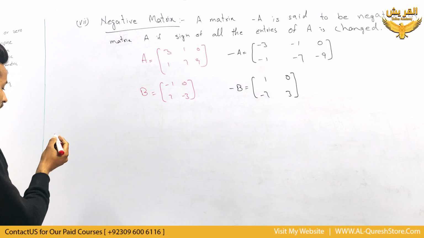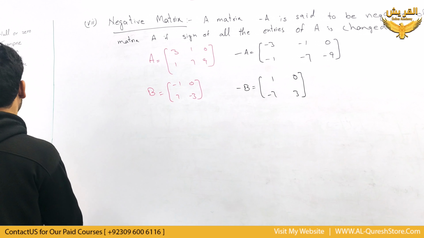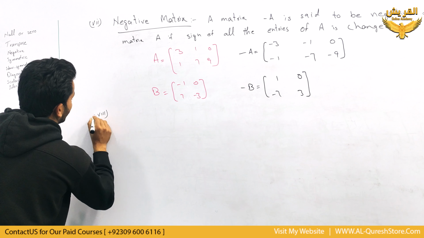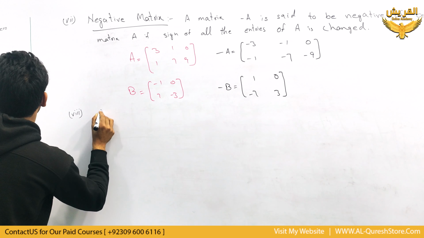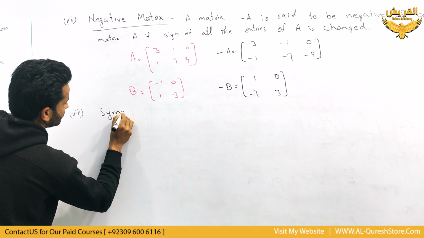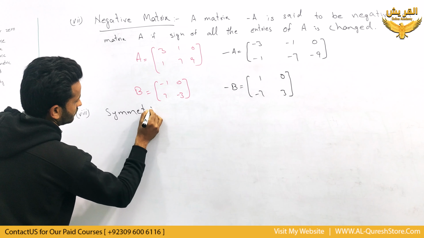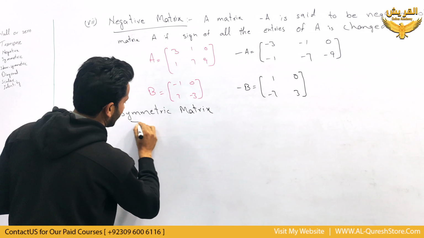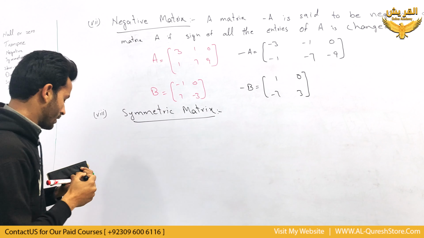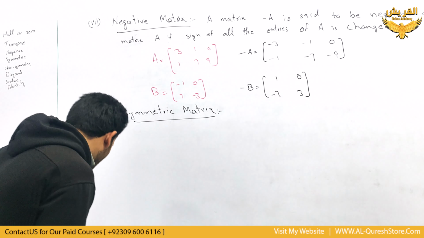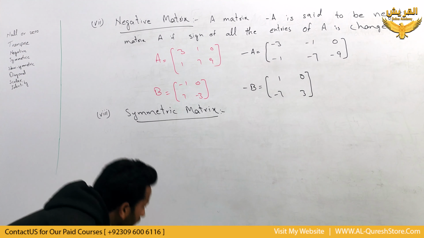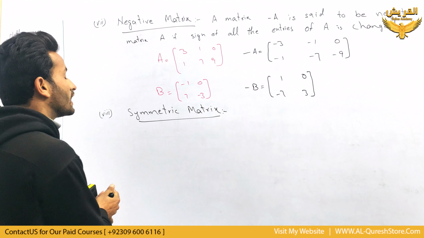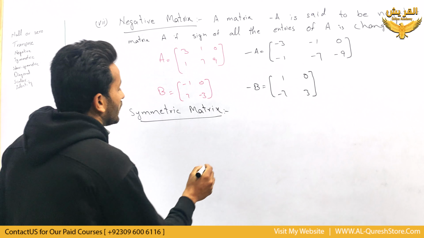Next one, see that, skew symmetric matrix. Last time we studied two matrix types, transpose of a matrix and negative matrix. Now we can study them together.